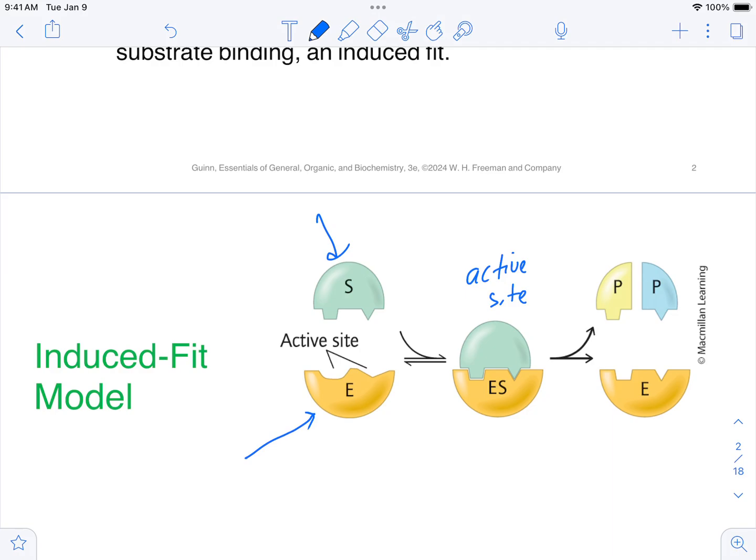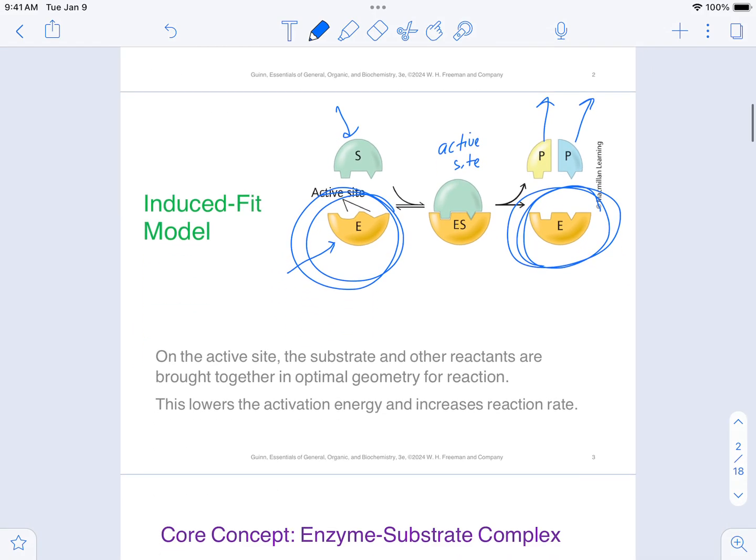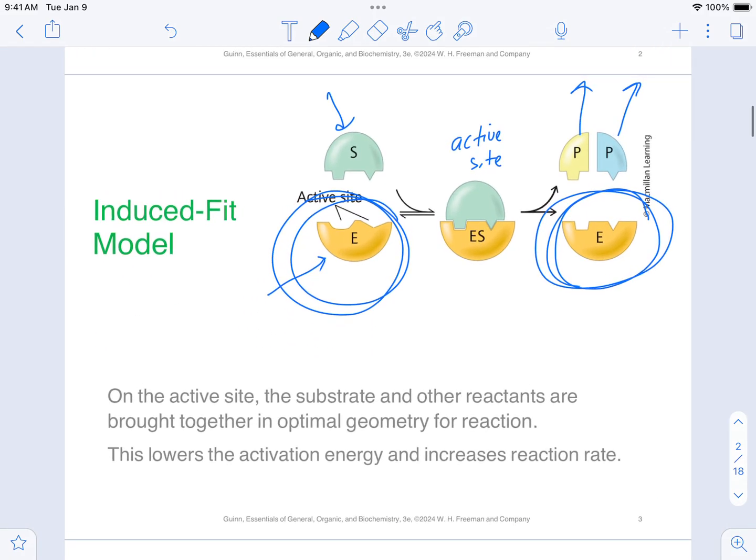And then that does its magic. It lowers activation energy, it increases the reaction rate, and then when it's finished, your product will leave, and look, your enzyme did not change at all from the beginning. So it's like a puzzle piece. And again, this is called your induced fit model. Lowers activation energy, increases reaction rate.